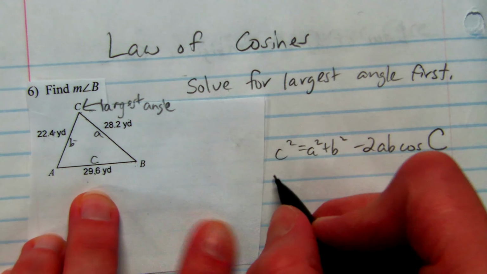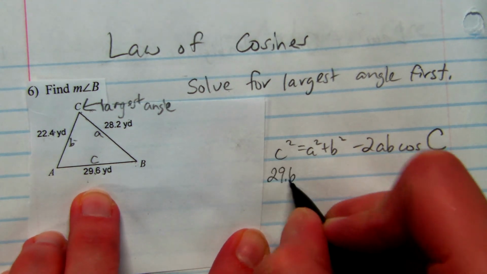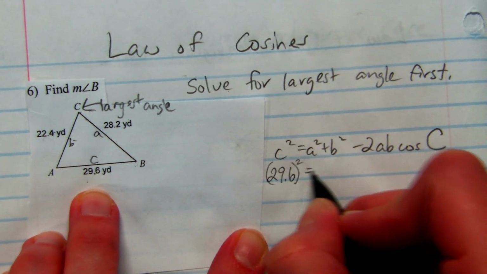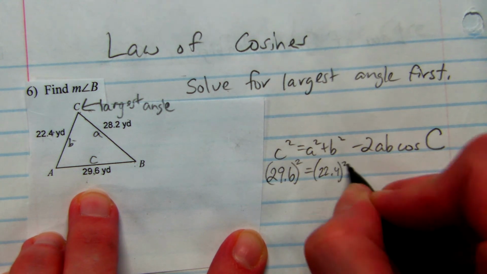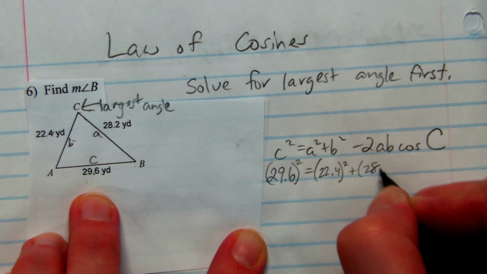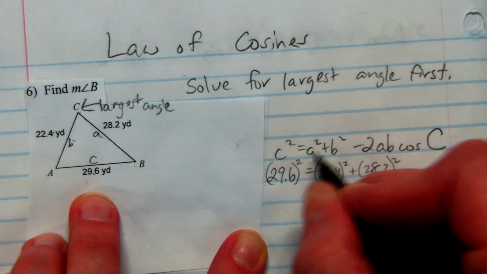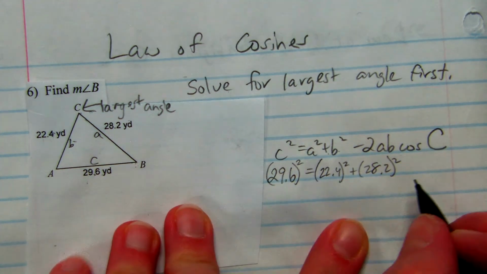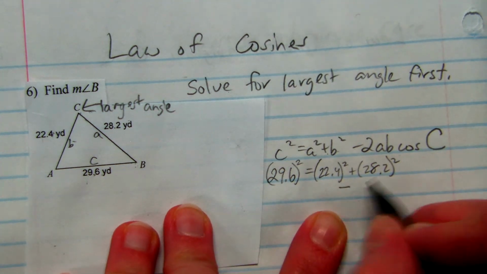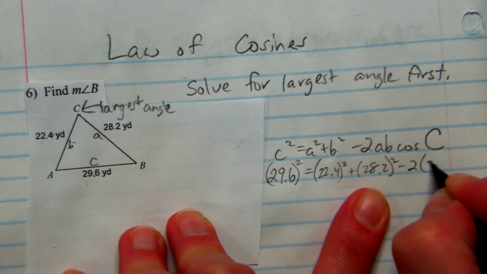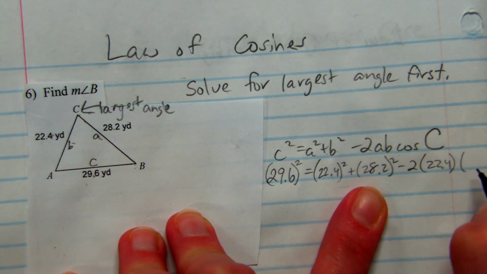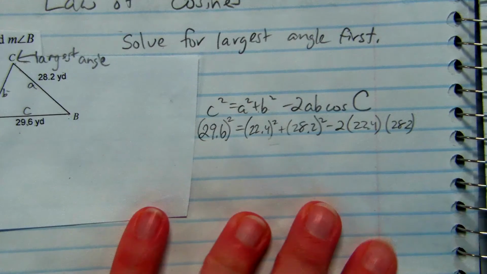So I have little c is 29.6. We're going to square that. And then we're going to have 22.4 squared and 28.2 squared. It doesn't matter if you mix up a and b. And then minus 2 times 22.4 times 28.2, times cosine of angle C. I'm going to spread out my notebook so I can write right here.